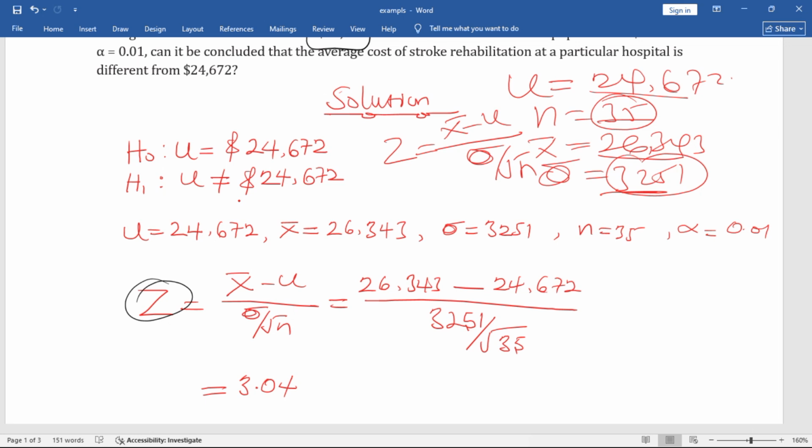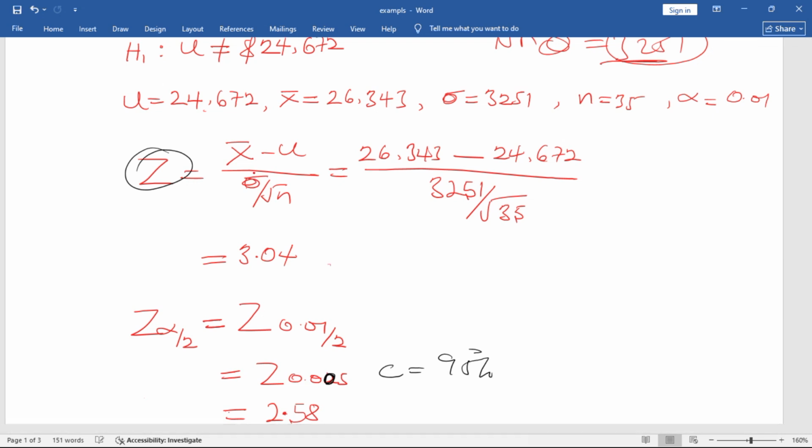Our x bar is 26,343 and our mu is 24,672. We subtract this one from this one, and our population standard deviation is 3,251 and our n is 35. If you do your calculations very well, we are going to get 3.04, right?